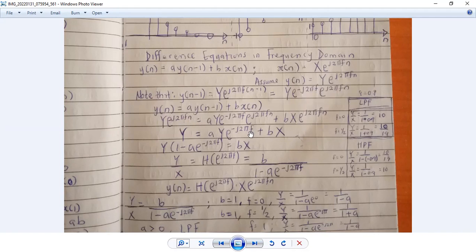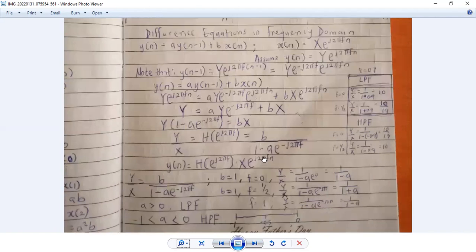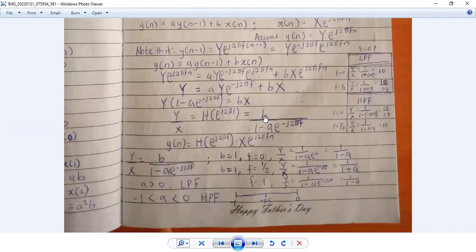So when we do the maths, collecting like terms, separating the inputs from the outputs, we arrive at this particular transfer function. So this transfer function will enable us to know if it's a low pass or a high pass filter. So this is the transfer function.